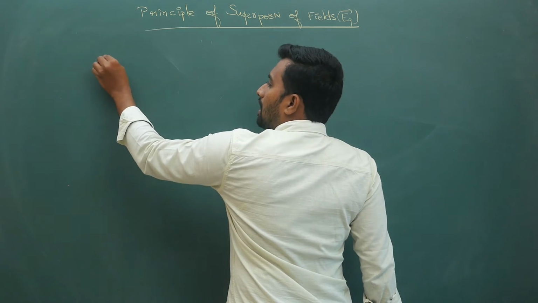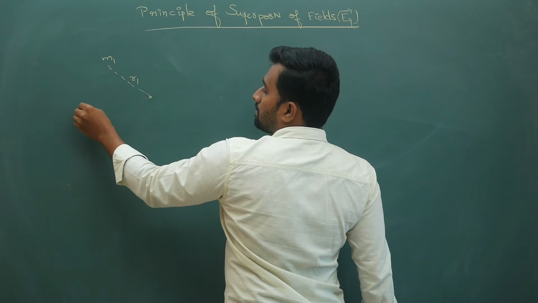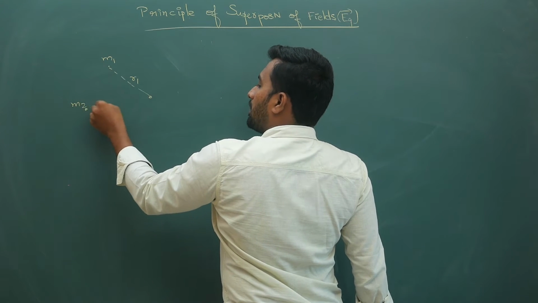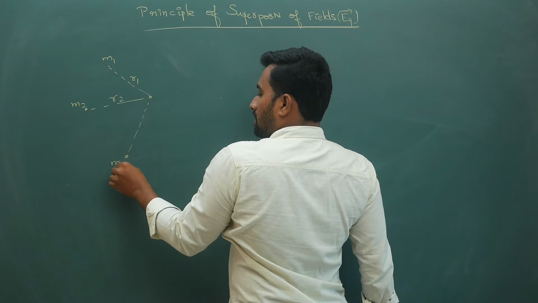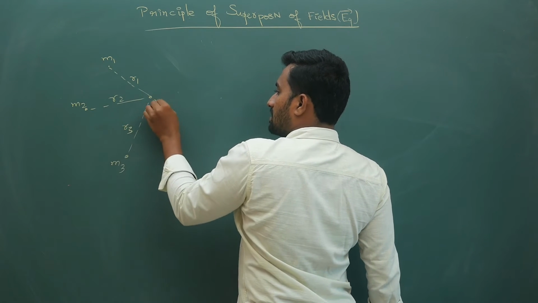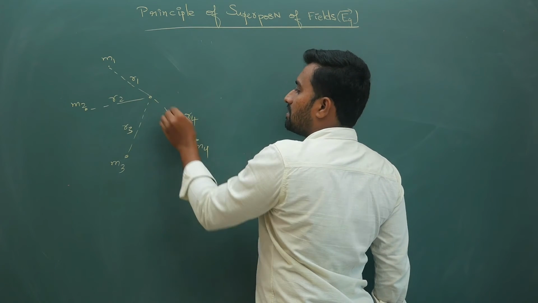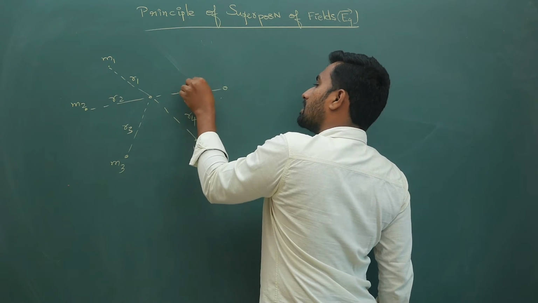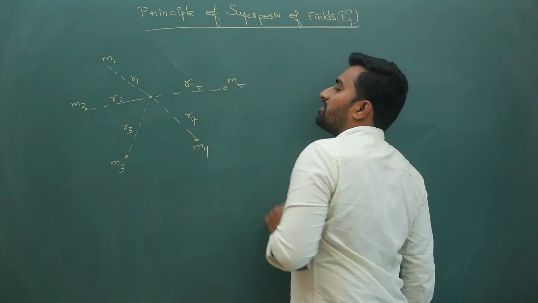If you have a point mass m1 at some distance r1, one more point mass m2 at some distance r2, another point mass m3 at some distance r3, one more point mass m4 like this, and one more point mass m5 at distance r5.